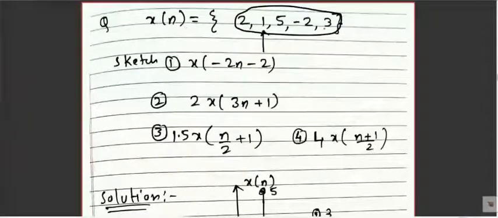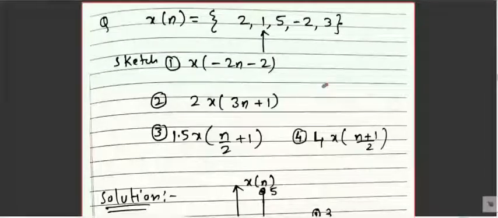These are nothing but the amplitudes, present on the y-axis. Then the arrow indicates n equal to 0. On the right hand side of the arrow are n equal to 1, 2, 3. On the left side of the arrow is n equal to minus 1.